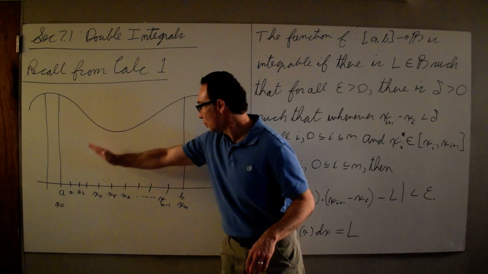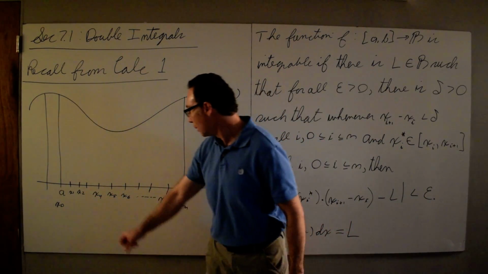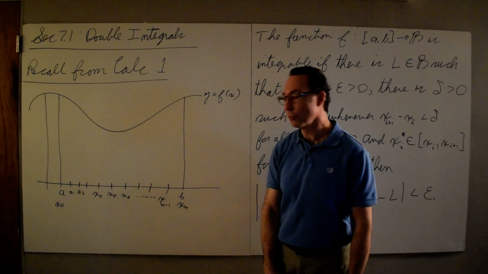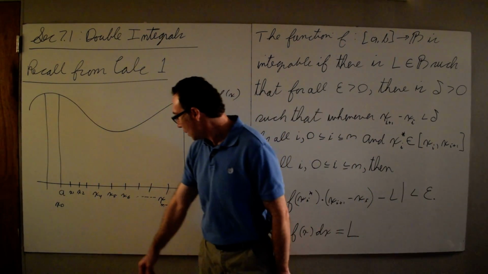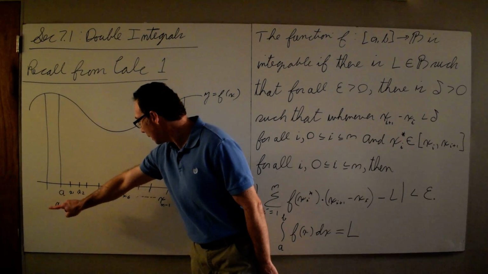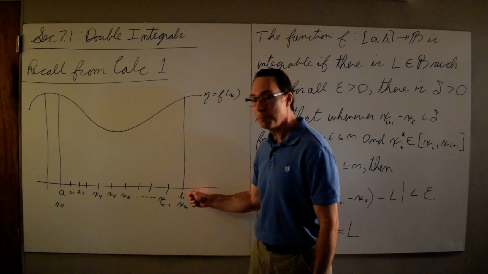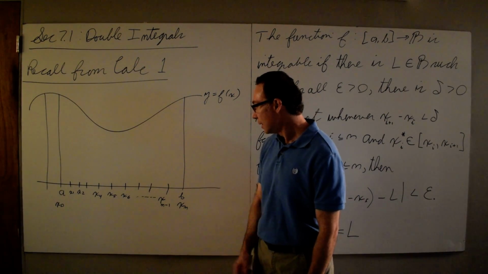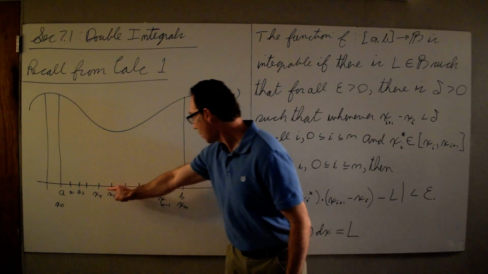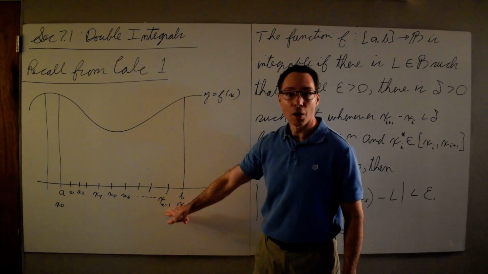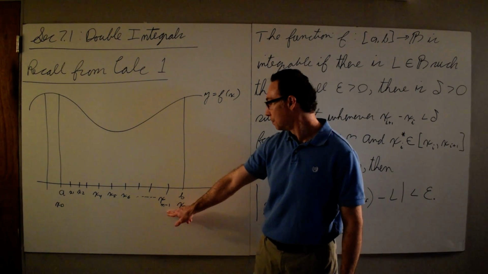We have this function from a to b, and we chop this interval up into a bunch of little intervals. I'm going to call the left endpoint a, and that's going to be x sub 0, and the right endpoint b, that's x sub n. And so we have these little x sub i's between a and b.